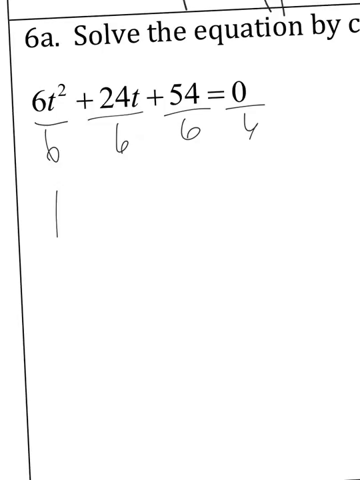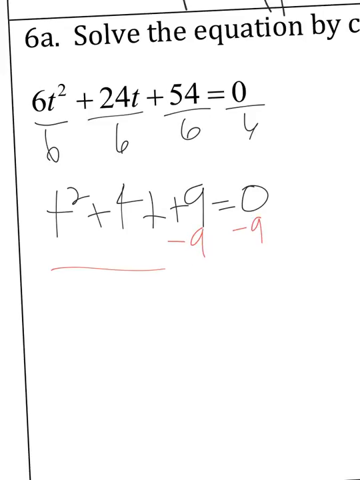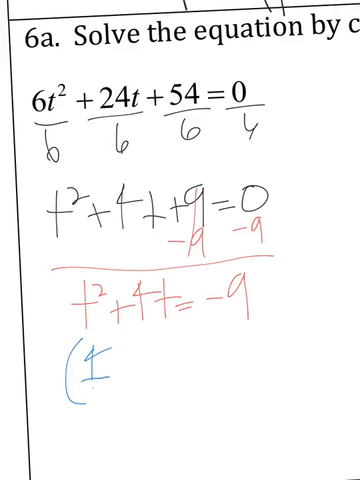So this is going to say t squared plus 4t plus 9 equals 0, all right? So now we're going to minus 9 to the other side, and we have t squared plus 4t equals negative 9, and so we're going to do the b over 2 squared formula, so 4 over 2 squared is 4.